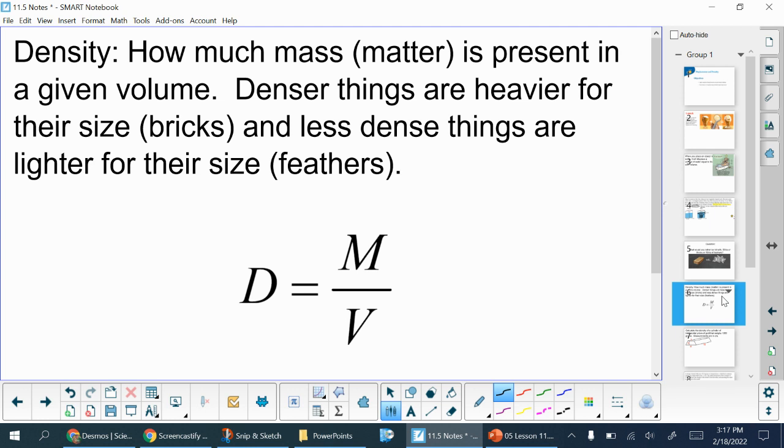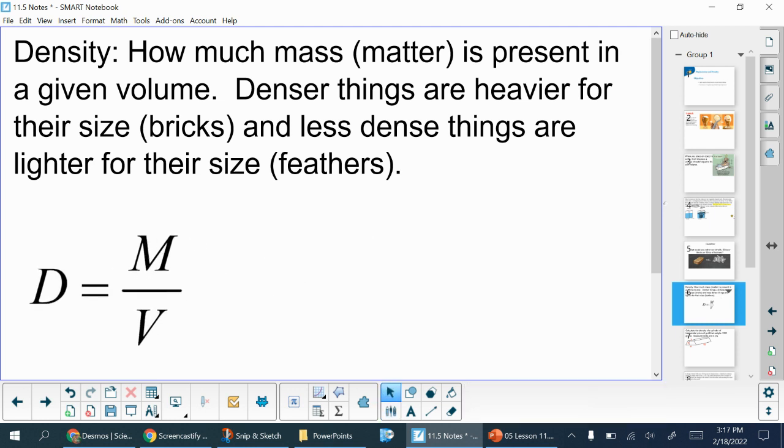And I'm using weight and mass interchangeably. I get it. They're not the same. Math class, we're not in science class. Sorry, science teachers. Okay, so our formula for density is just going to be the mass of the object divided by the volume. So you're going to see things like grams per cubic centimeter, which is a common one in the metric system.